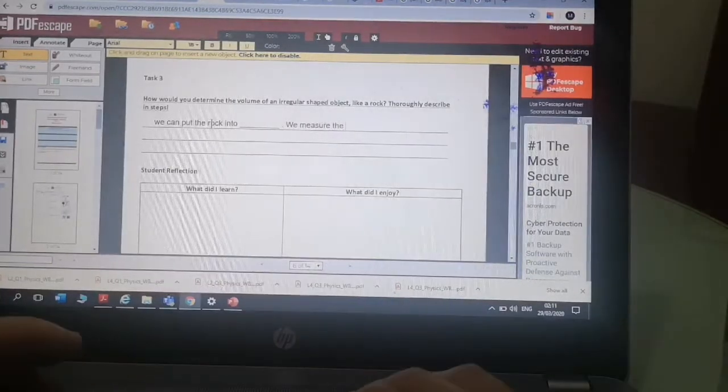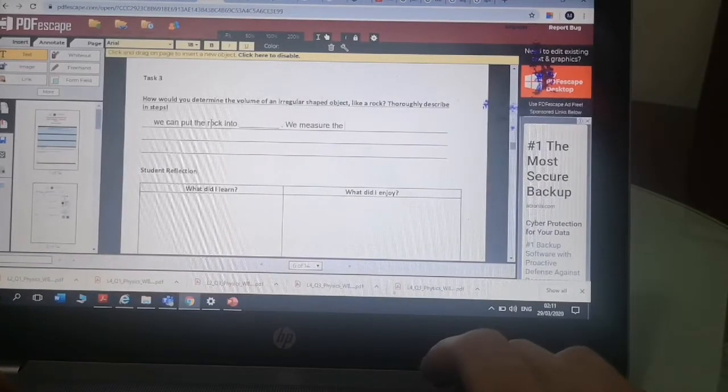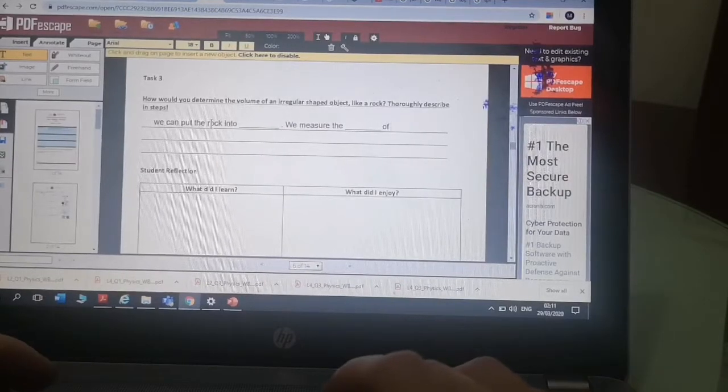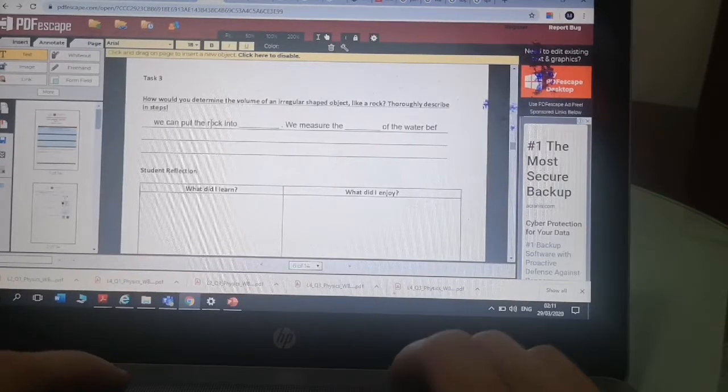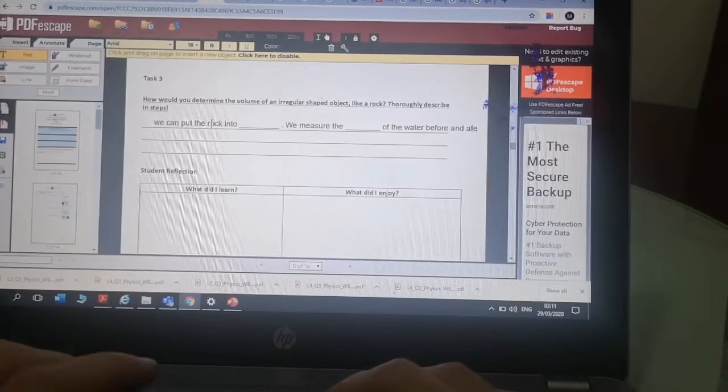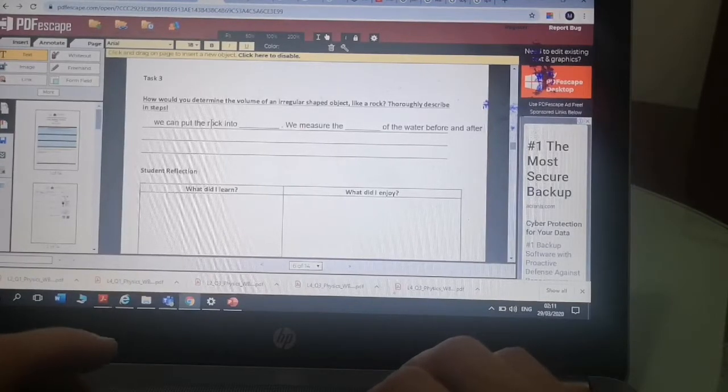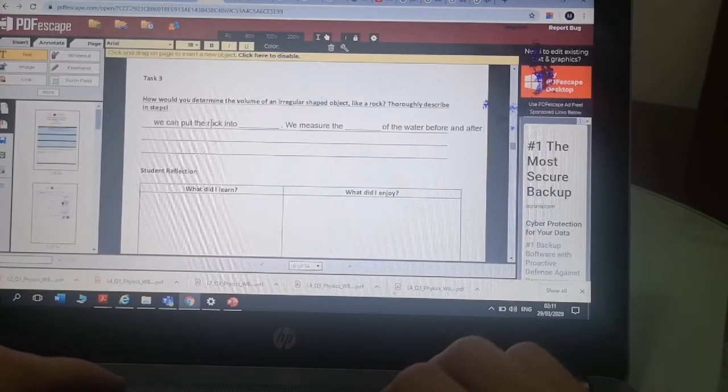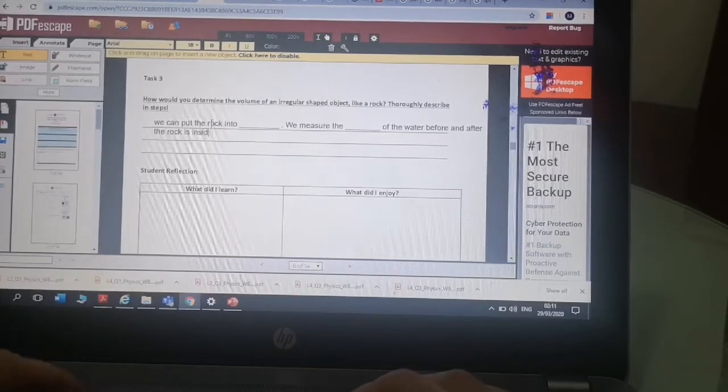We measure the, what do we measure? Something of the water before and after the rock is inside the water.